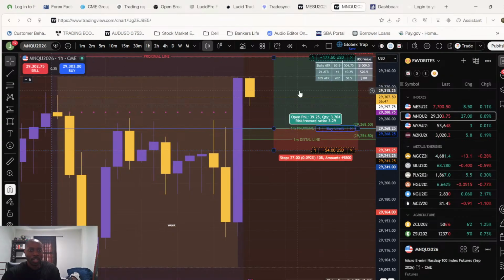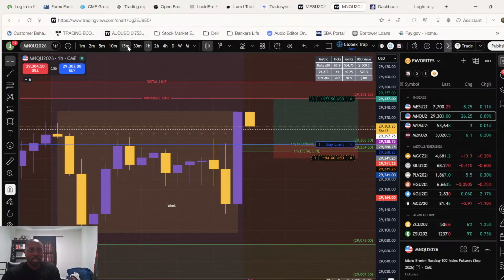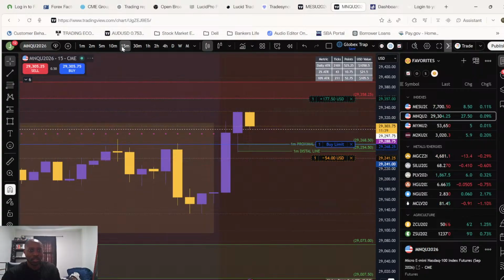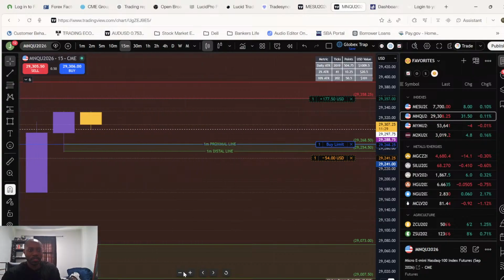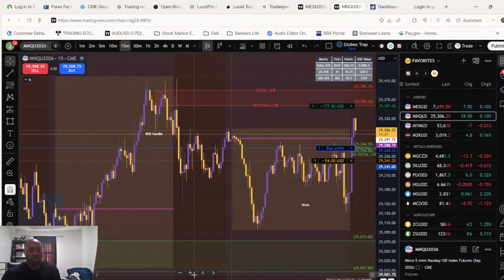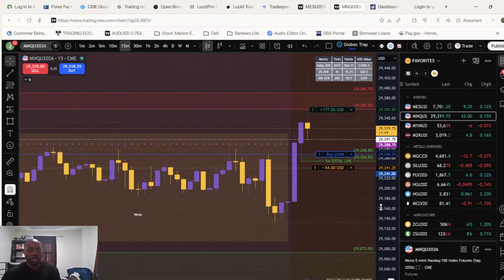Could be wrong, but I got a lot of confidence in this position here, actually. On the 15 minute, you have a gap here. Let's see, come on, all the way back there, though.